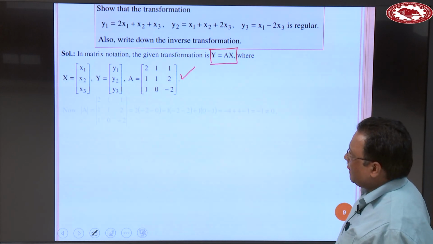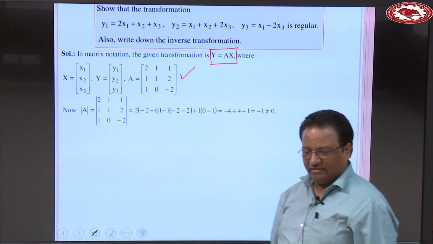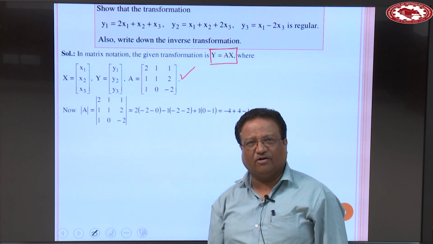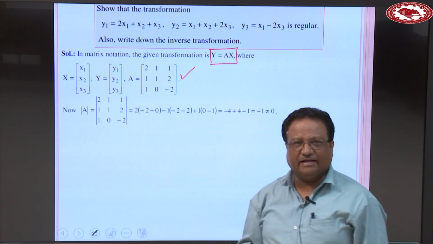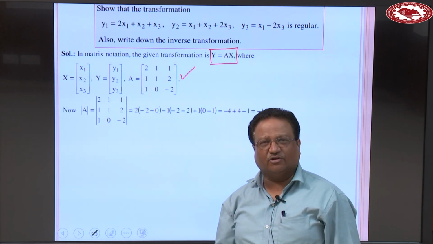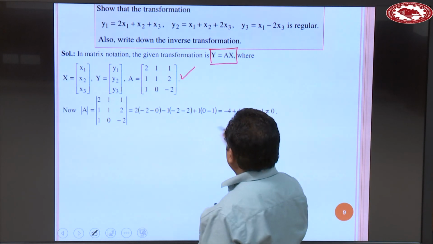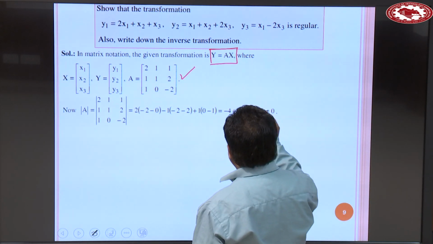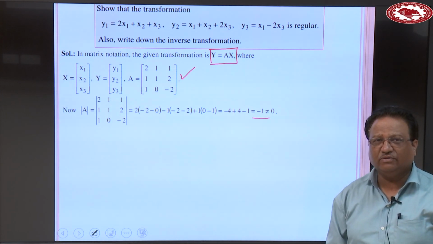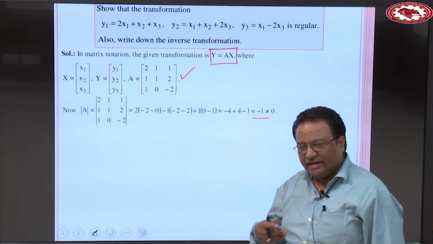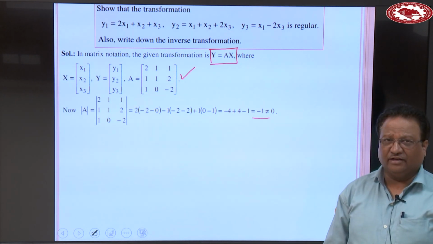Now, calculate determinant A, to see whether matrix A is singular or not. When you calculate determinant A, we obtain minus 1. This means determinant A is not equal to 0, and so A is non-singular.